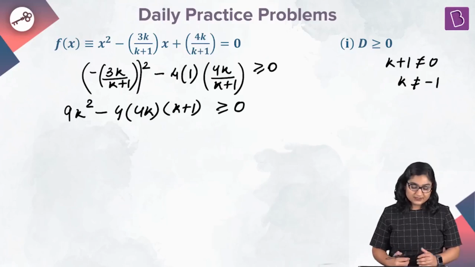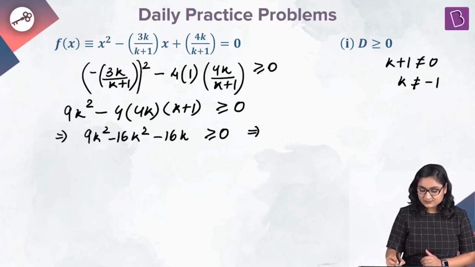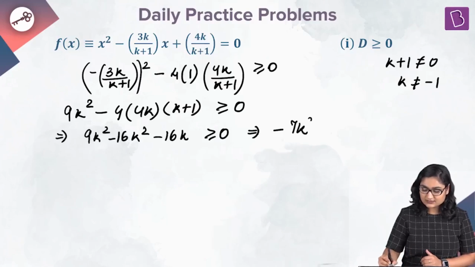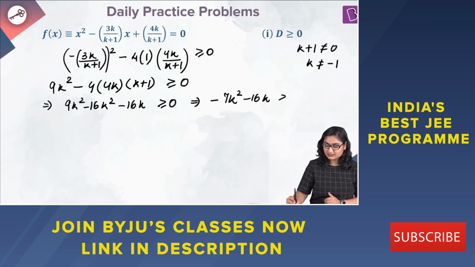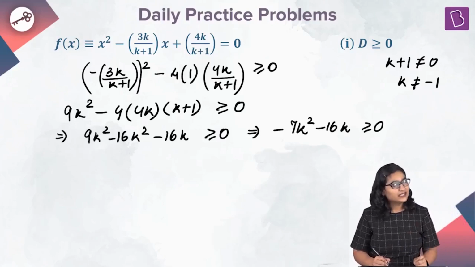On further simplification, what we'll get is 9k square minus 16k square minus 16k greater than equal to 0, which can be written as negative 7k square minus 16k greater than equal to 0. Now let's multiply this complete inequality with minus 1. But minus 1 is a negative number.